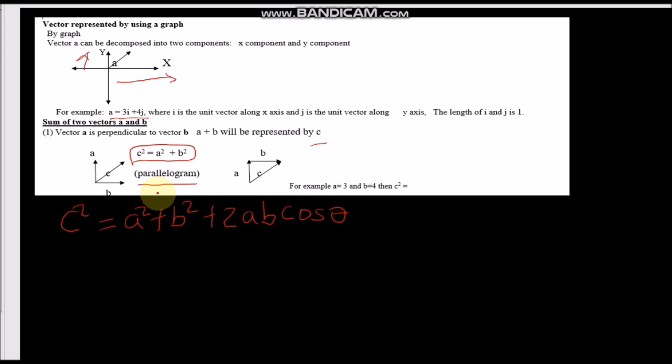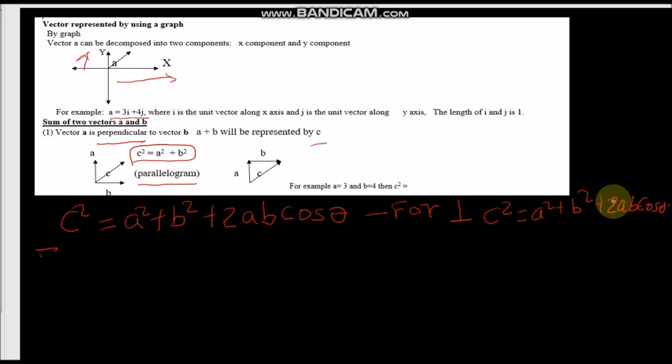But here we have perpendicular. Perpendicular means 90 degrees. For the perpendicular case, C square is equal to A square plus B square plus, sorry, twice of AB times cos theta.